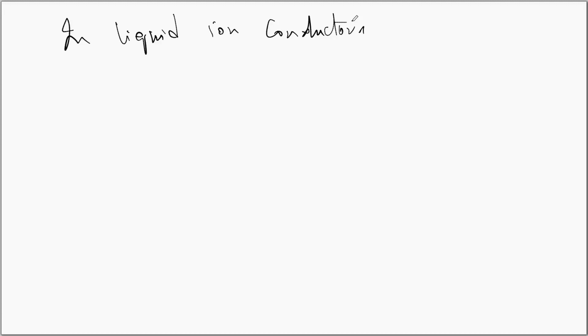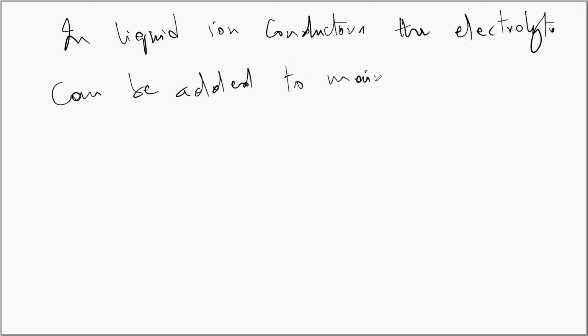Because it's a liquid, one can add electrolyte to maintain the concentration. Thereby, one can control the ionic conductivity at a given temperature, because the ionic conductivity depends on the concentration of the electrolyte.